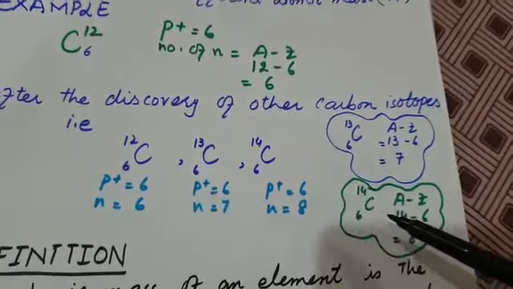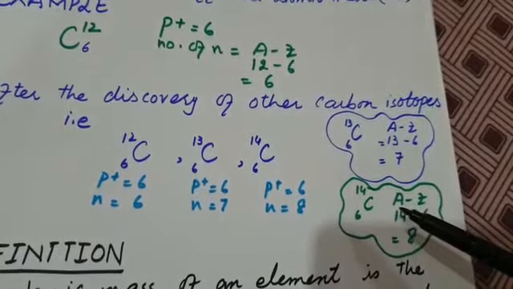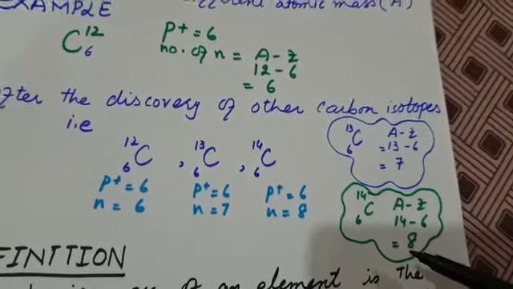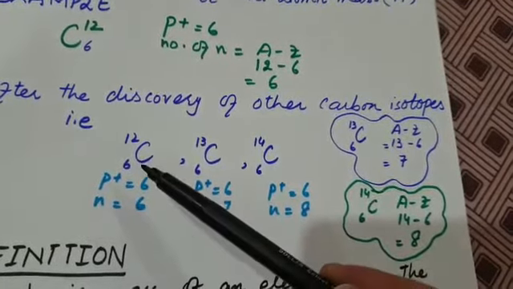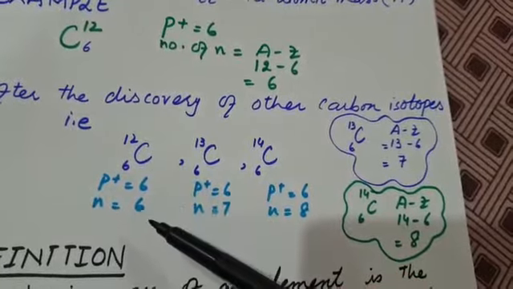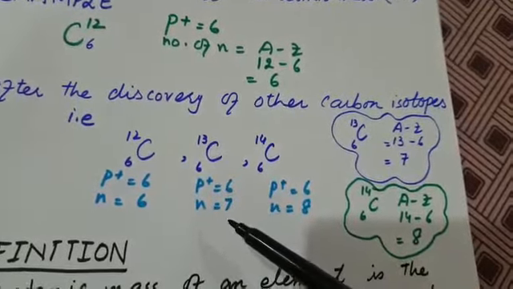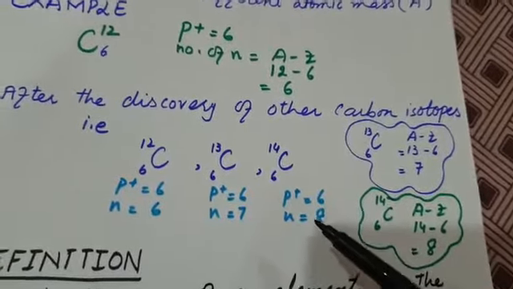In the third case, protons are 6, and the number of neutrons by applying A minus Z, 14 minus 6, is 8. So the number of neutrons in the first isotope is 6, in the second isotope 7, and in the third isotope 8.